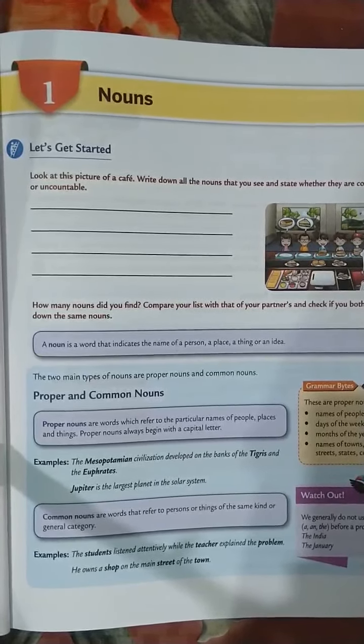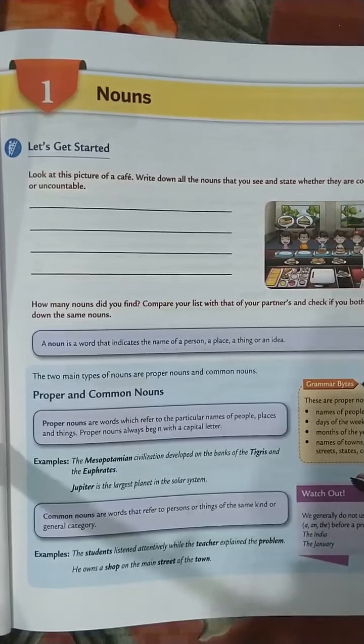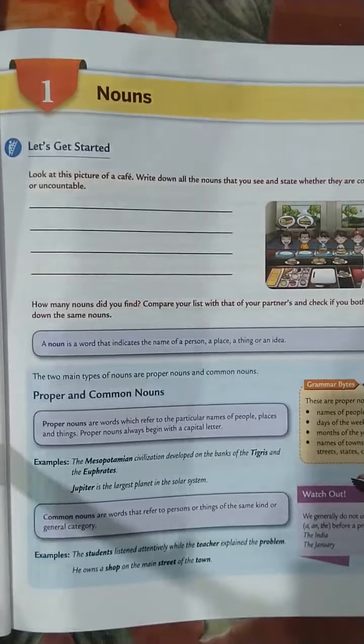So proper nouns always refer to a particular person, or you can say to the particular name of people, places and things. And it always begins with a capital letter.